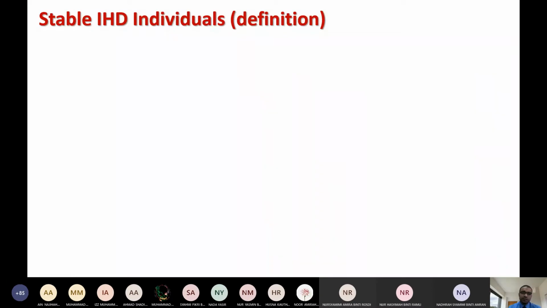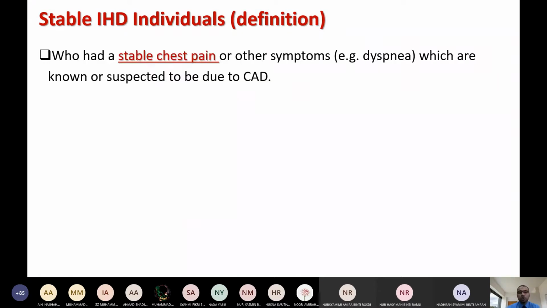So to understand whom we refer to as a stable ischemic heart disease individual: those who already have stable chest pain, where the dyspnea is suspected and predictable by time, on top of a known exercise.